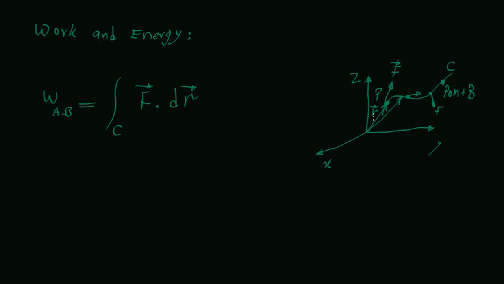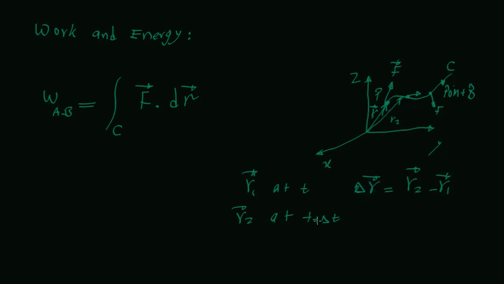That is R1, this is R2, and delta R is equal to R2 minus R1. Here R1 is the position vector at T, and R2 is the position vector at T plus delta T.